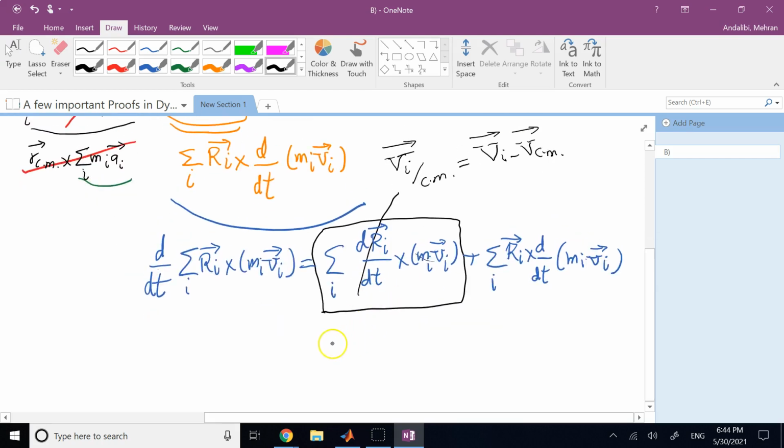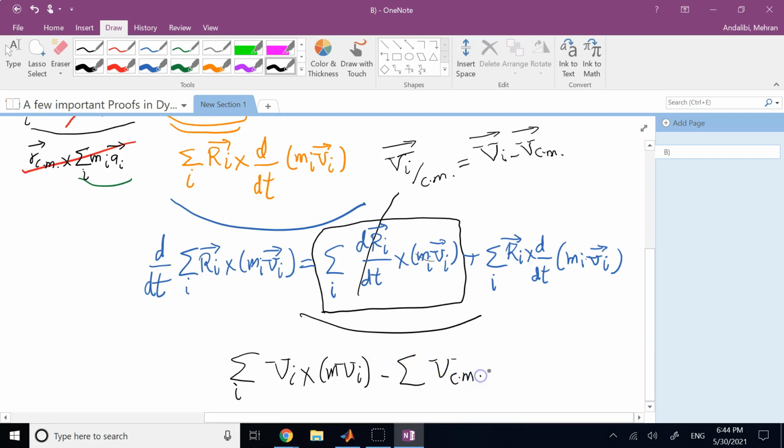So first, let me expand this again. This is going to be summation over i of vi cross mvi minus summation of vcm cross mivi.